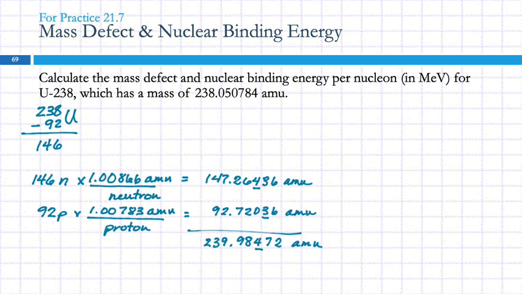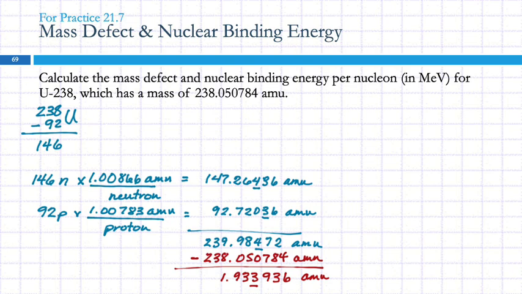Actually, let's just do it down here and avoid more writing. So I'm going to subtract the 238.050784. That gives 1.934 atomic mass units.